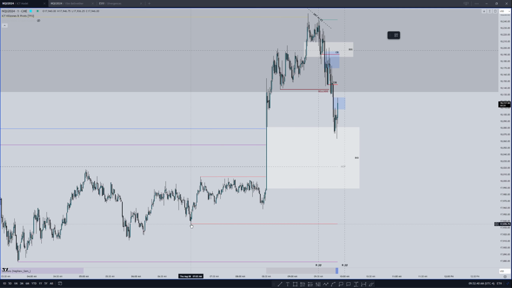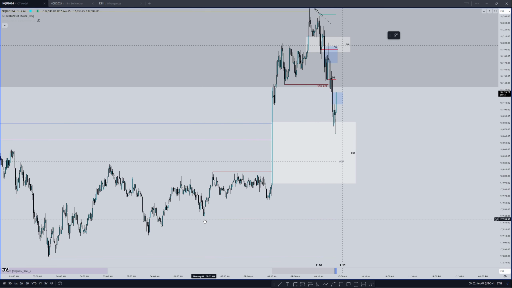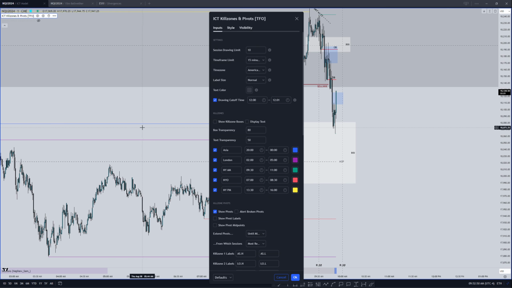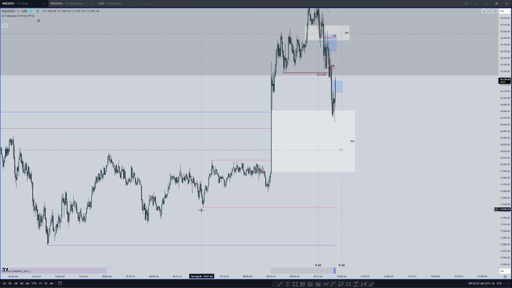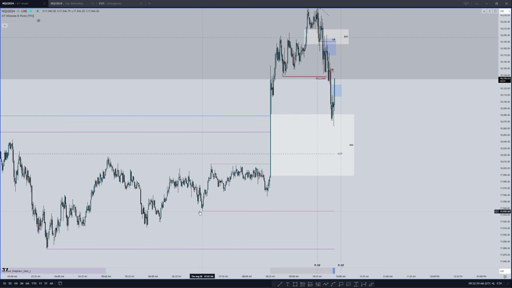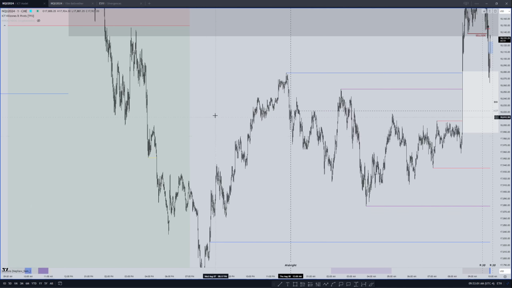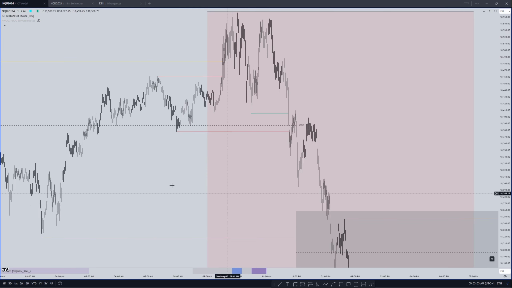And he talks about in this mentorship as well, where 7 a.m. kind of starts that New York session. So marking out the 7 a.m., in this case, I kind of switched this to 7 a.m. to 8:30. I might switch it to 7 a.m. to 9. But using that entire range as an added confluence of draw on liquidities could be important. You could obviously go back and look at how many times we've ran that out.